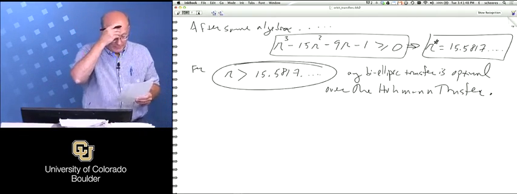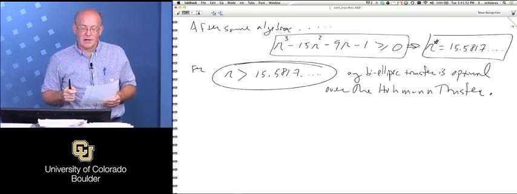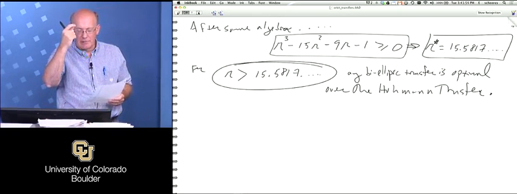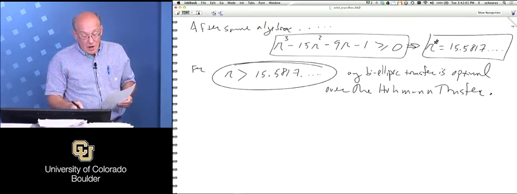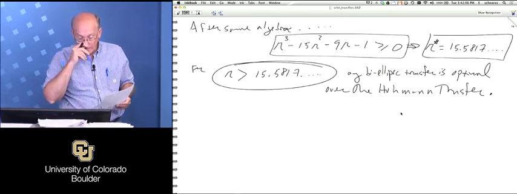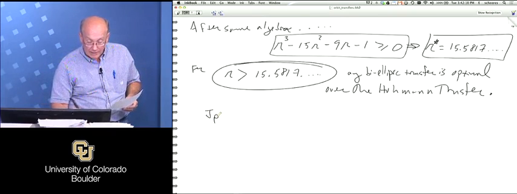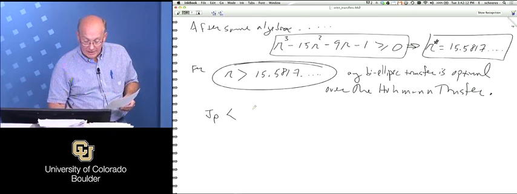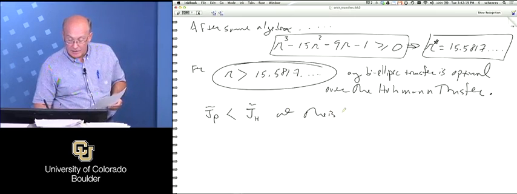Because at this point, even an arbitrarily small additional boost of that transfer orbit saves you a little bit of fuel. So we have to note at this point, especially for epsilon very small, close to 0, that the hyperbolic cost is still less than the Hohmann cost at this value of r.